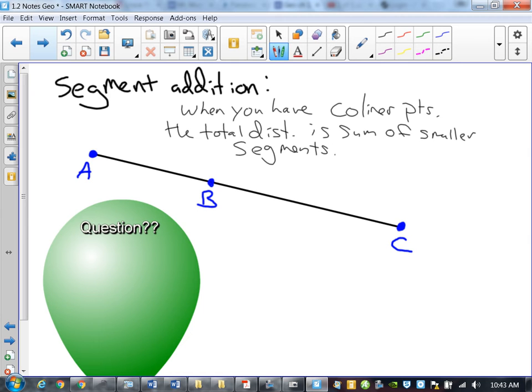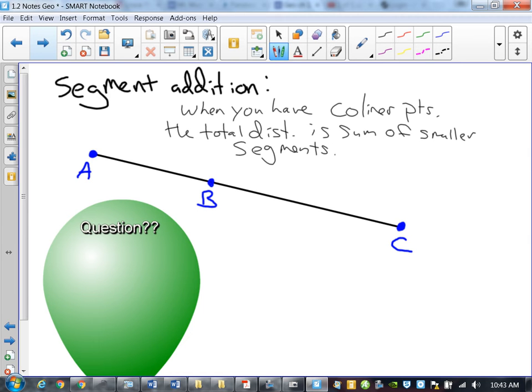Addition, yeah. Good job. So in this case, I have points A, B, and C. Do they appear to be collinear? Yes, because there's how many lines on the board? One, and all three of those points are on the same line. It's convenient that it works this way sometimes.